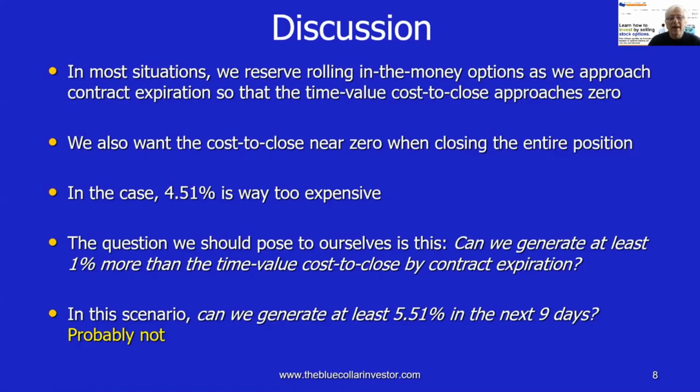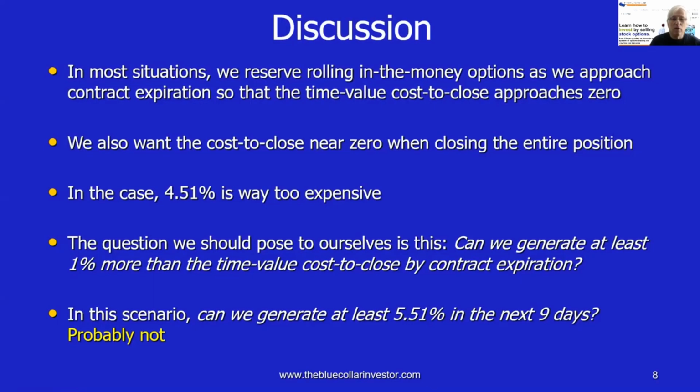Now, the question we ask ourselves when we're considering closing a covered call trade mid-contract: can we generate at least 1% more than the time value cost to close by contract expiration? In this case, can we generate at least 5.51% in the next 9 days? And the answer is probably not.